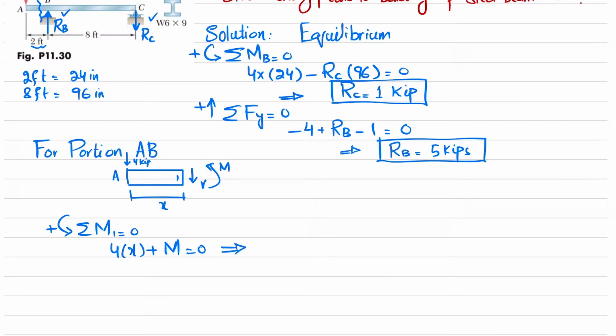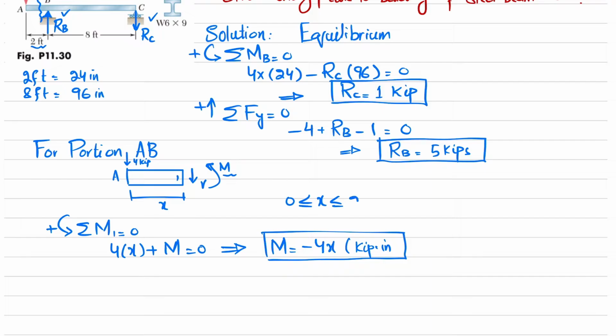This implies that M is equal to minus 4x, and the unit will be kips into inch. This M is negative, which means that the direction we have taken, counterclockwise, is wrong. It should be clockwise. This is valid for X greater than or equal to 0 and less than or equal to 2 feet, which is 24 inch. Now this is the moment equation for portion AB.